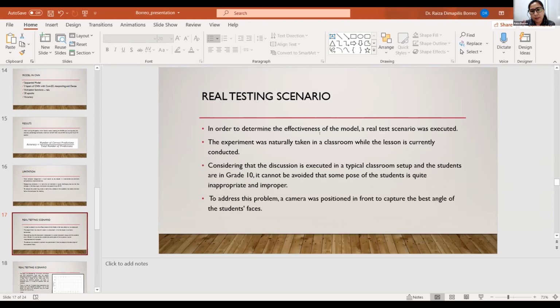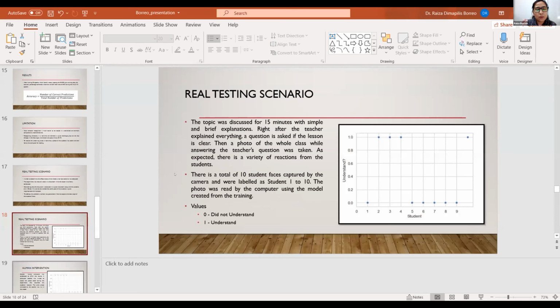To address this, I placed the camera in front, balancing the left and right side to capture the best angle of the students' faces.